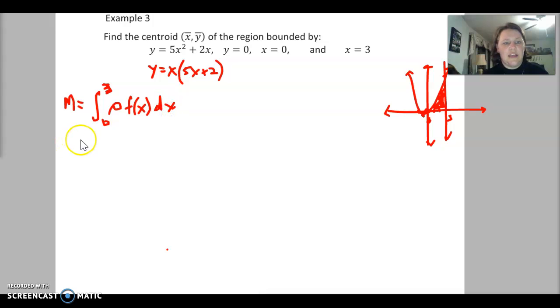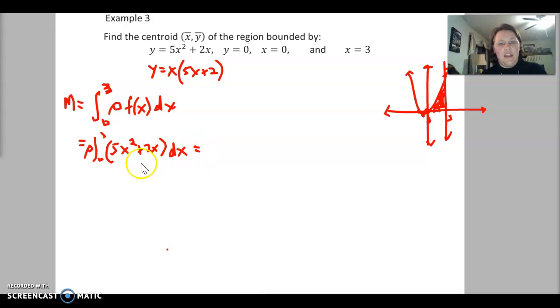So let's fill all that in. We can put rho out in front because we do know that that's going to be a constant. We are also going to set it equal to 1 because they do not tell us what rho is in this case, so we're going to assume that it is just 1. And then f of x is equal to 5x squared plus 2x, which is the height at each x value, and then dx, which is the width.